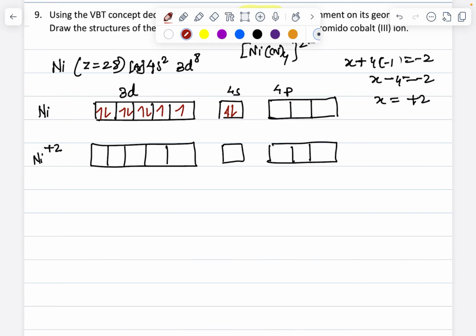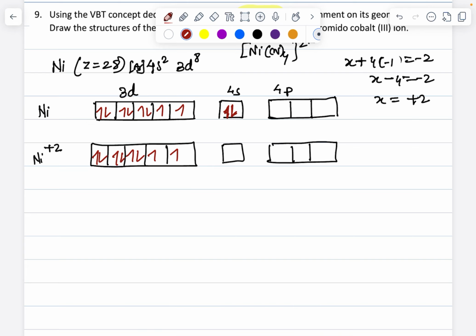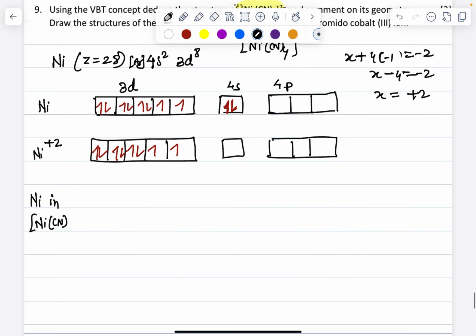CN is a strong field ligand, so pairing is going to take place over here. So 8 electrons, 1 to 8.